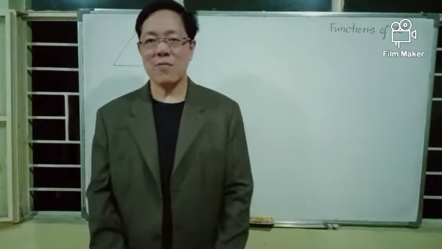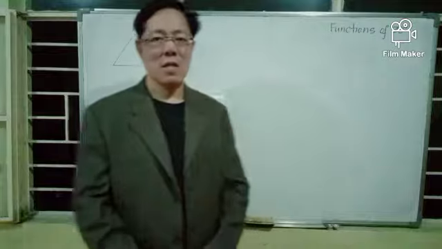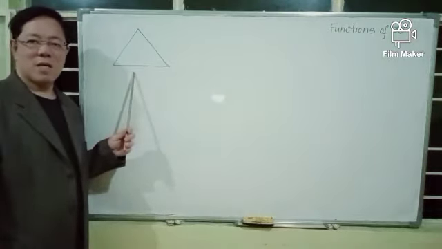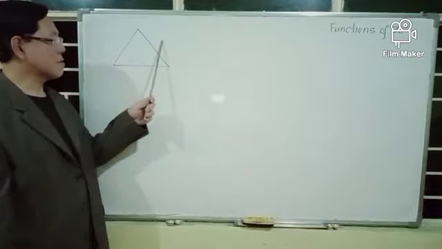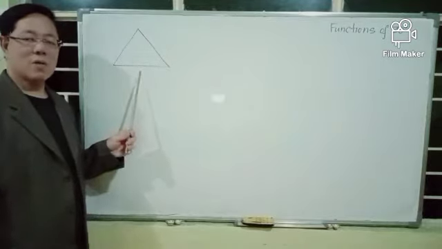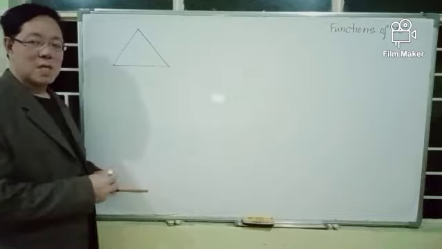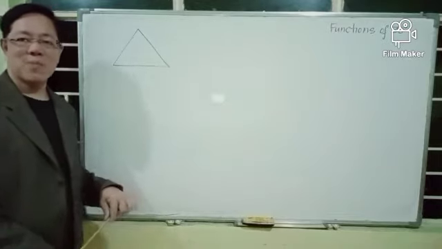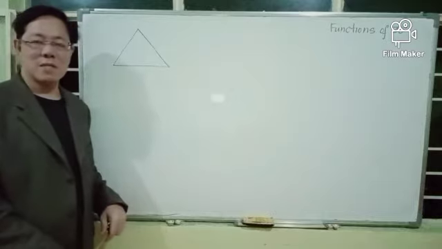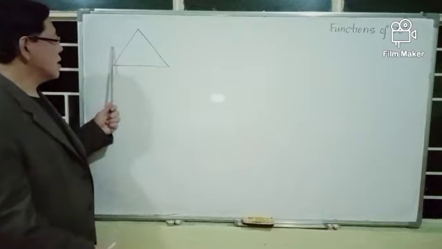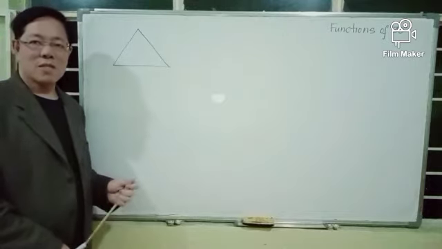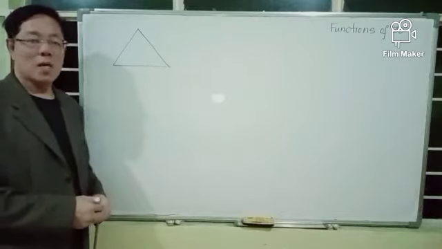We consider the following equilateral triangle. This triangle is an equilateral triangle. So these three sides of this triangle are congruent. And to simplify the derivation of the functions of the special angles 30 degrees and 60 degrees, we let the length of each of these three sides of the equilateral triangle be equal to 1 unit.